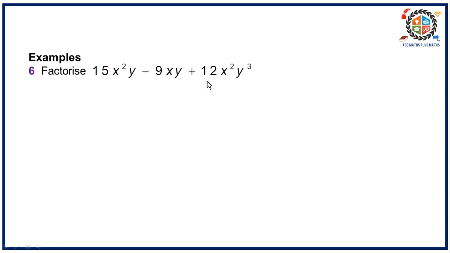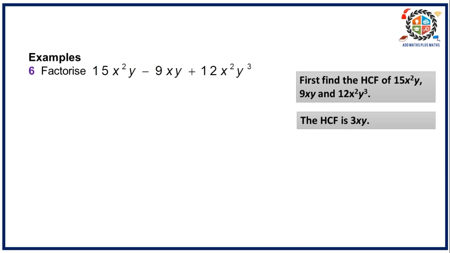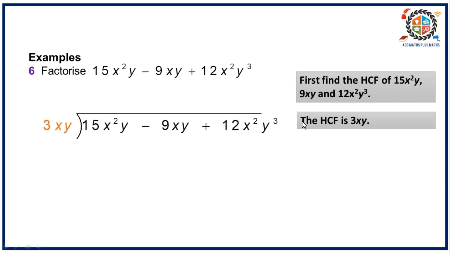So I can have 3, x, and y as our common monomial factor. The highest common monomial factor is 3xy. This 3xy can be divided to all these terms. It should be. If you cannot divide it, then definitely it's not a common monomial factor.